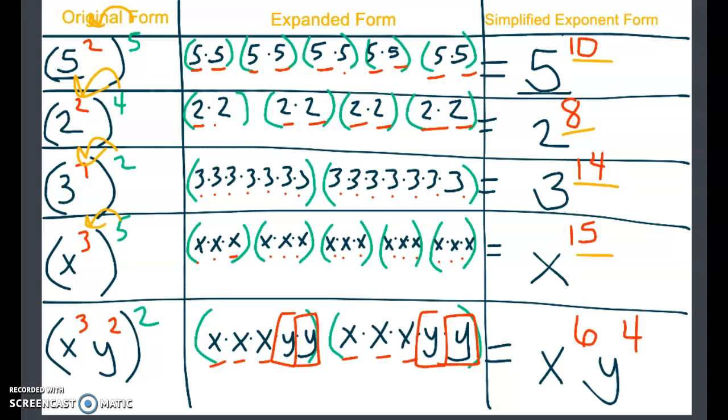And then if you look at the last example, it works as well. You have 2 groups, with 3 x's in each, which gives us 6 x's total. And you also have those 2 groups that both contain 2 copies of y each. So 2 times 2 gives you the 4.